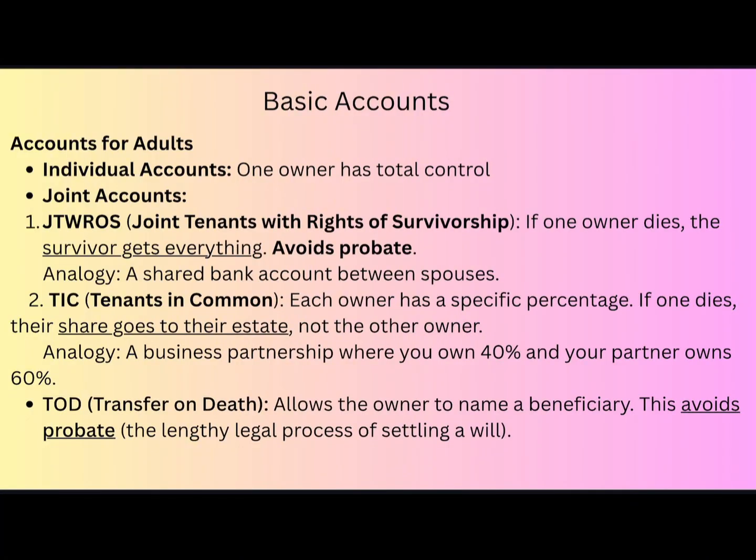However, the assets in the account do not avoid estate tax. A TOD may be added to individual accounts and joint tenants with rights of survivorship accounts. In the case of a joint account, the TOD becomes effective after the death of the last surviving tenant.